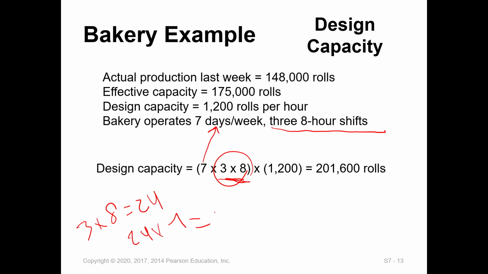How many hours in a week? I remember it is 7,000 or 8,024. Let me check. Oh, 1 second. 7 times 24, yeah, it's 168.